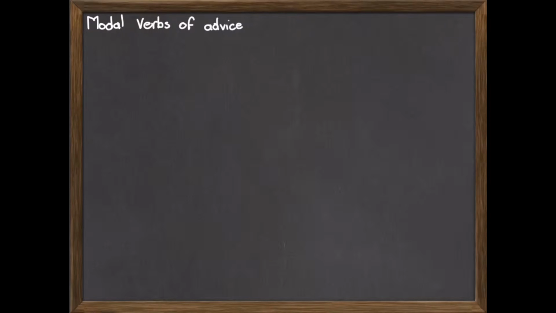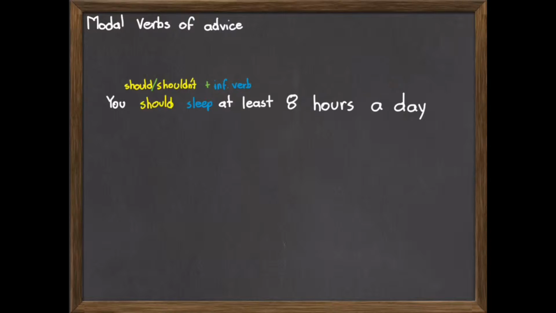Firstly, let's look at the modal verbs of advice. We use should or shouldn't and an infinitive without to give advice and make suggestions. For example, you should sleep at least 8 hours a day.